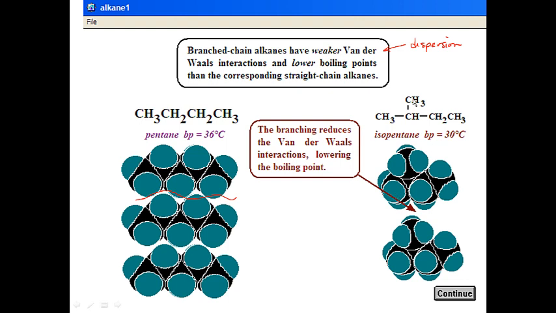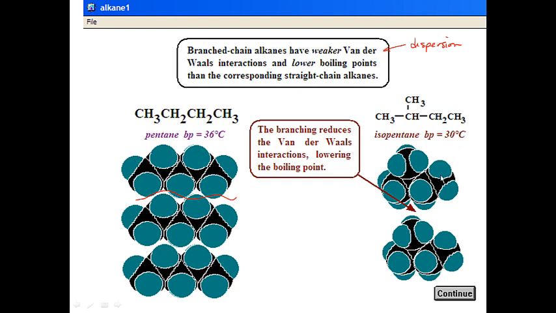So the addition of a methyl group here on a 4-carbon chain causes this molecule to become a little bit more spherical and not a straight-chain pentane. We have less surface area for interaction, and so we see a boiling point decrease of 6 degrees.